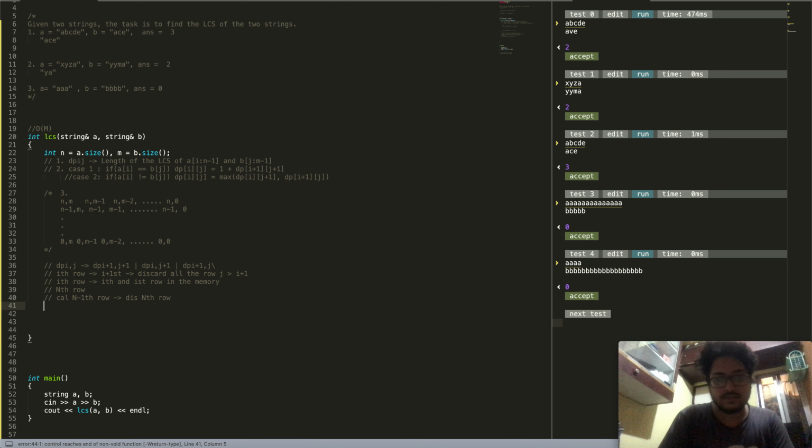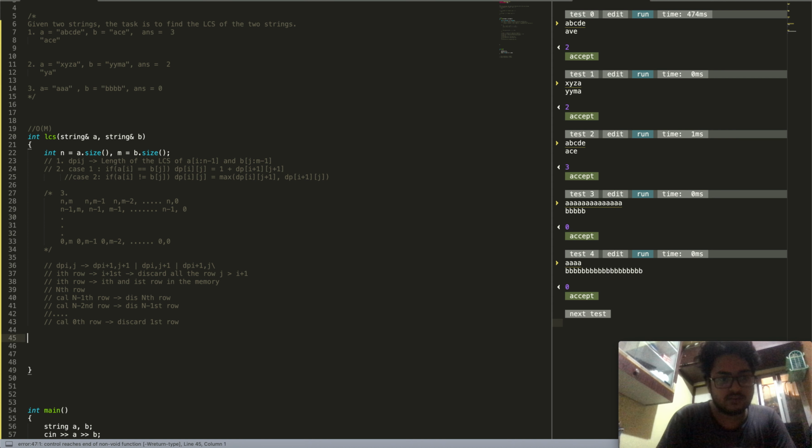Then in the next iteration, I will calculate the n minus 2nd row, then I will discard the n minus 1st row, and this will go on until I calculate the 0th row, and then I discard the first row.